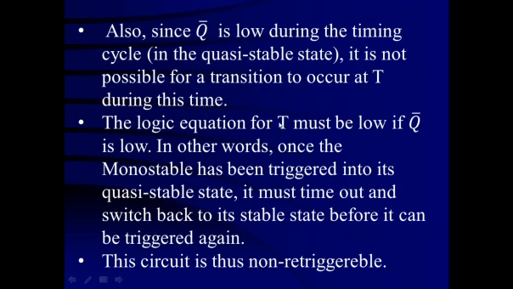The logic equation for T must be low if Q bar is low. In other words, once the monostable has been triggered into the quasi-stable state, it must time out and switch back to the stable state before it can be triggered again. So this way, this circuit works as a non-retriggerable monostable multivibrator.